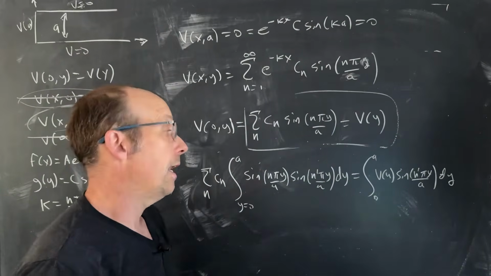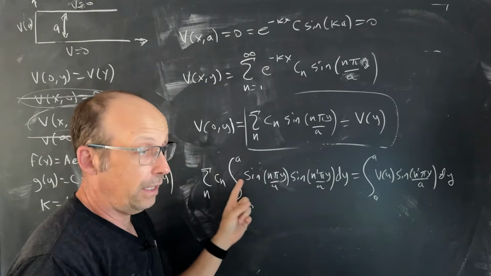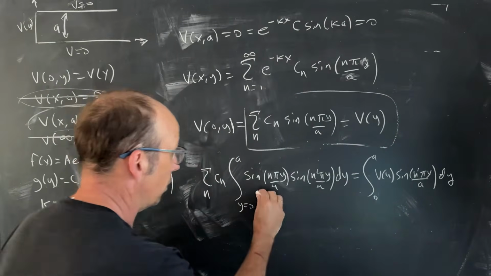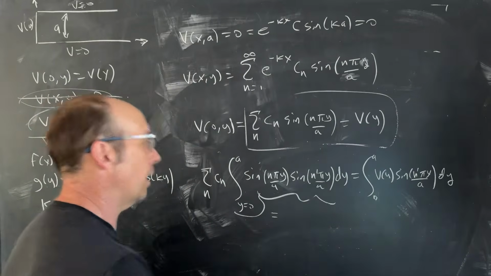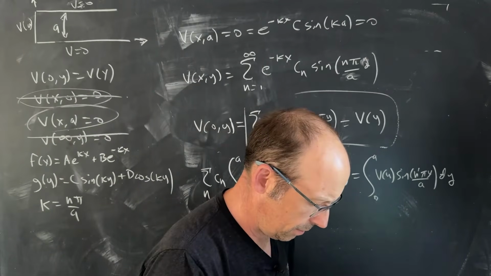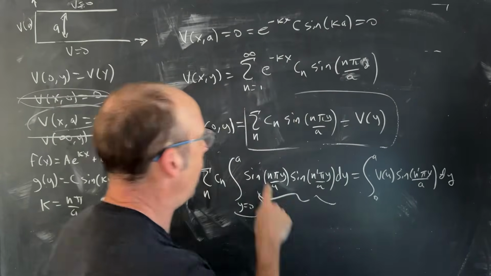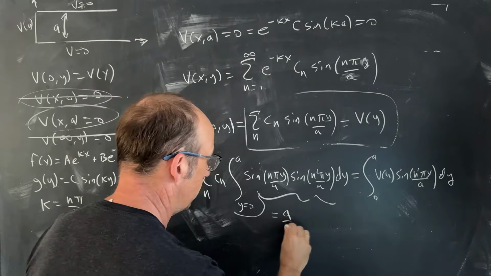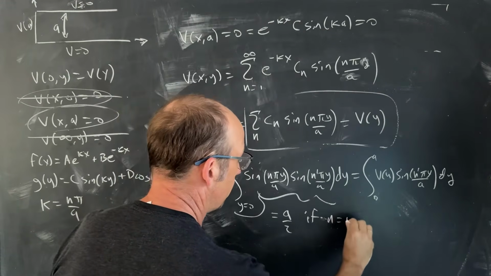But if I do that to one side, I have to do it to the other side, so I get two integrals. Now, the trick is over here, this integral is a fun integral, and I'm not going to integrate it for you. But this integral right here, the whole thing, is equal to a over 2. It's sine squared. So, if you have sine squared from 0 to a, you get a over 2, if n is equal to n prime.